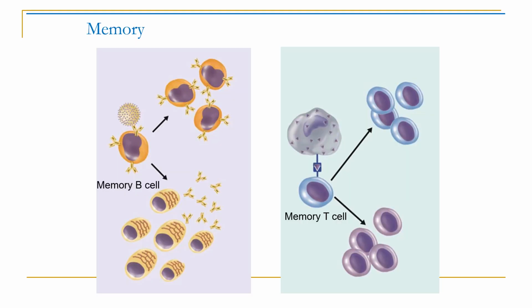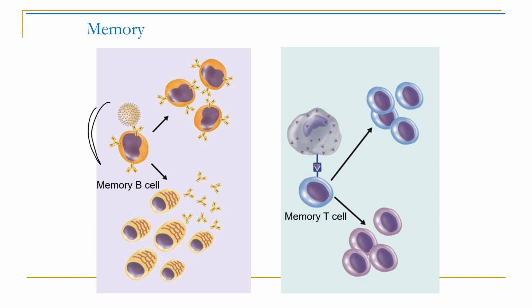So here's a picture of that memory. The memory B cells here will instantly, so this picture right here is trying to show memory B: if it ever encounters a virus again, it immediately starts cloning those plasma cells and making antibodies.